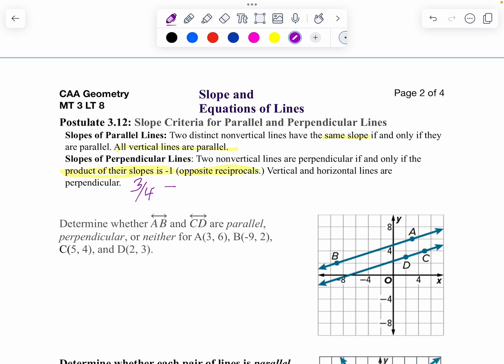To be perpendicular, it would have to be -4 over 3. Put it in a generalized A over B. Perpendicular to that would be -B over A. So it's always the opposite sign, and you flip them.